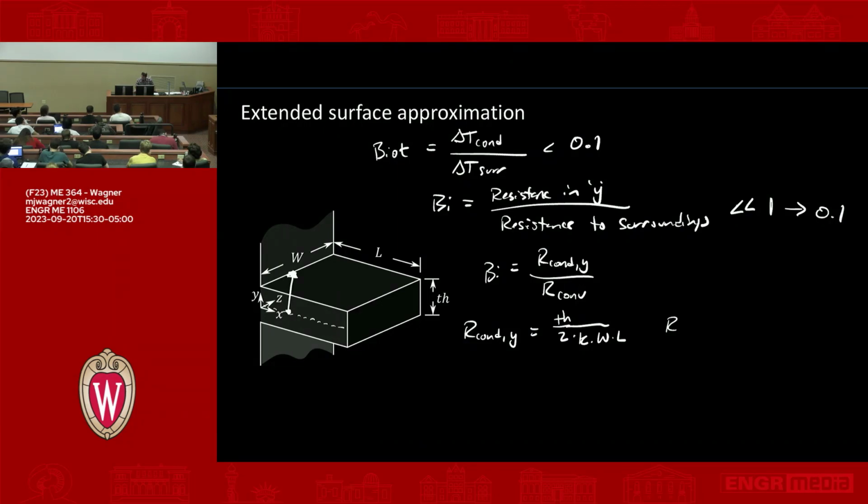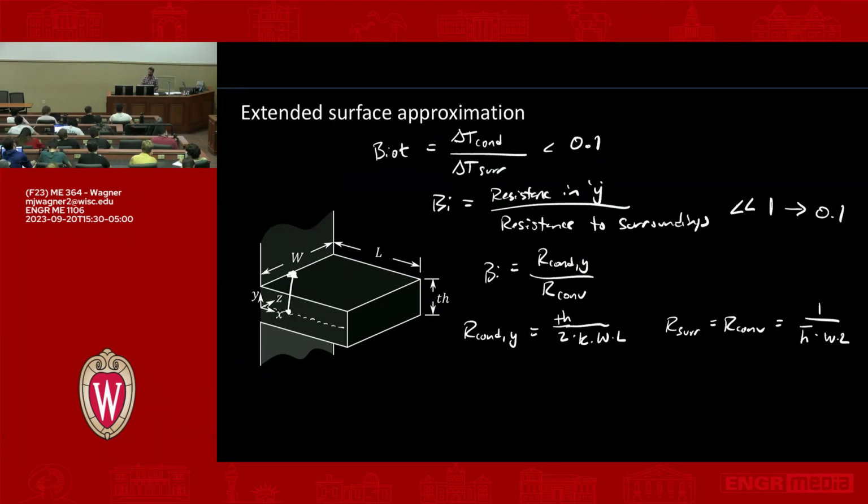Our loss to the surroundings, the resistance to the surroundings, in this case is equal to our convection, which is 1 over h bar times, what's my surface area that I should use? Again, we've picked that vector from the center line out in one direction, so it's crossing just that one top surface. So that's W times L again.